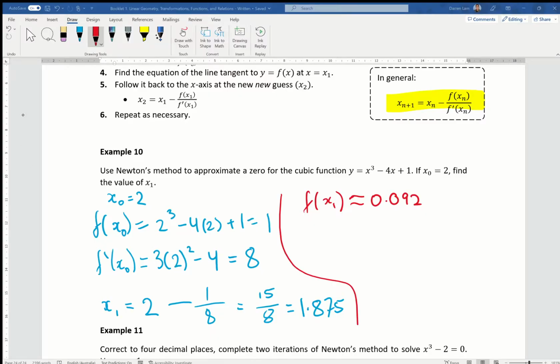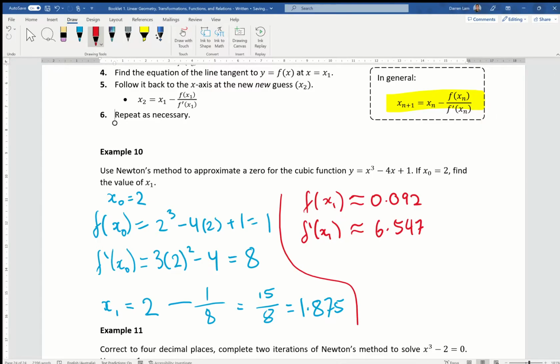That's in your math 3 keyboard, a straight line. Given that x equals 1.875, that will give you your answer. So f dash of x1 is approximately 6.547, we'll keep it consistent.